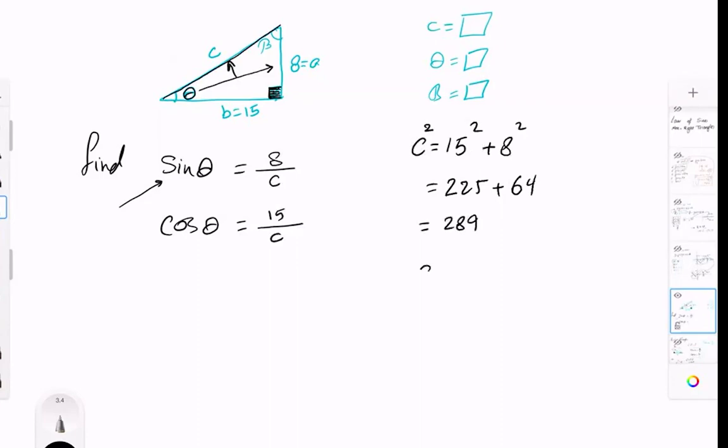And C will be radical 289, which is 17. So sine of theta will be 8 over 17, cosine of theta will be 15 over 17.